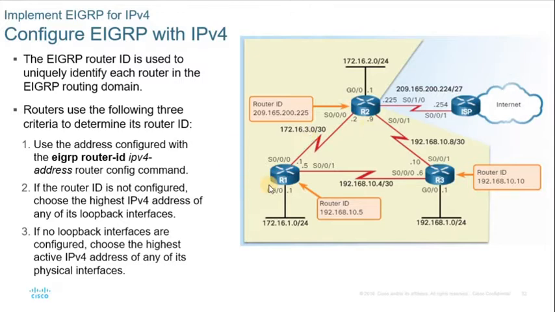So for example, let's say in R1, you configured an interface loopback address of 10.10.10.3. That virtual interface will automatically be in the up state, and the interface does not need to be enabled for EIGRP.